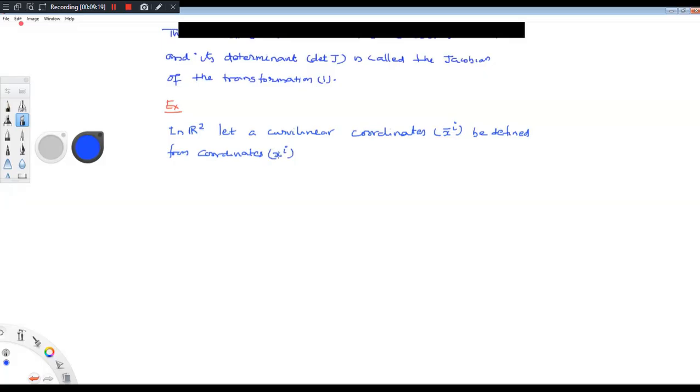So x i is one coordinate system and the bar one is another coordinate system, by the equations x bar 1 equals x1 x2, and x bar 2 equals x2 square. So this is a nonlinear transformation.